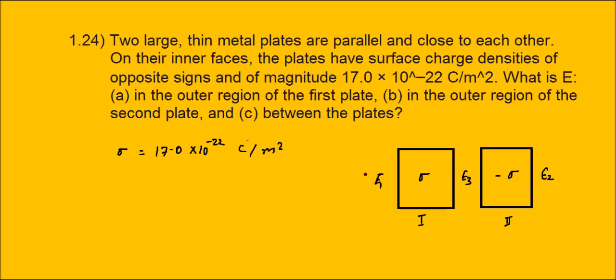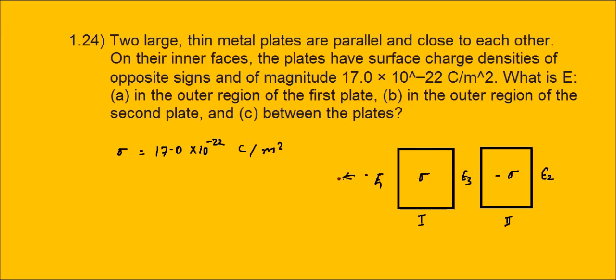Let's assume a positive test charge is placed in the outer region of the first plate. So the electric field at this point due to the first plate will be in this direction because the charge in this plate is positive.